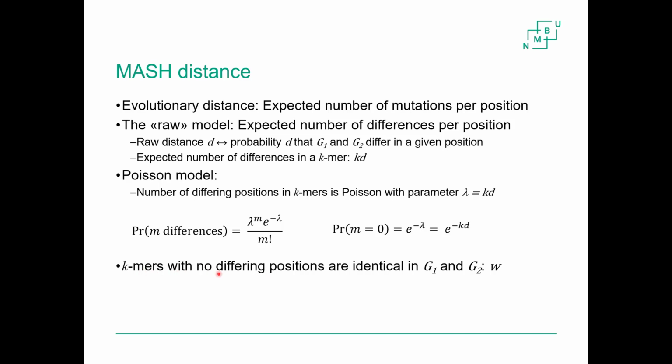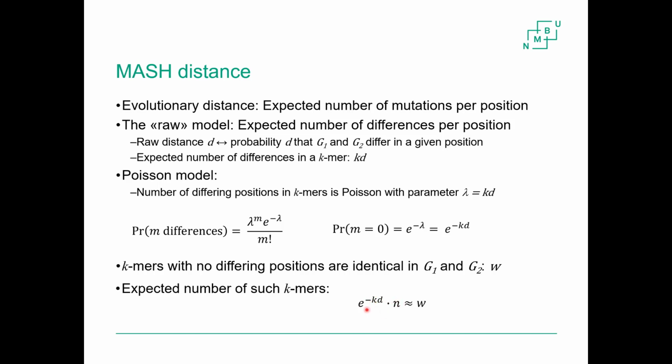So the k-mers with no differing positions are the ones that are identical. And if we call this W, at least what we observe is W, the number of k-mers that are identical. Now we know that the expected number of such k-mers must be the probability of this happening times the number of k-mers we have.